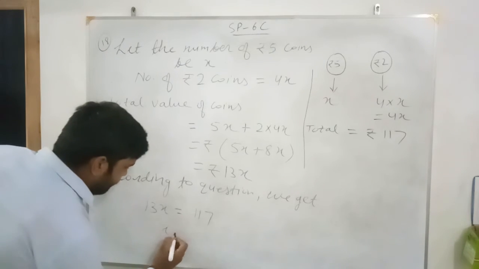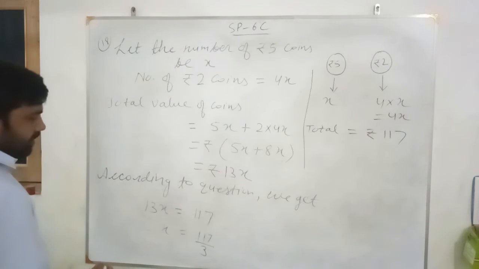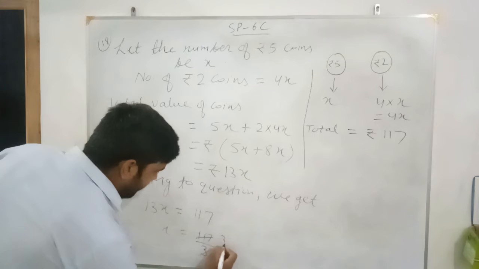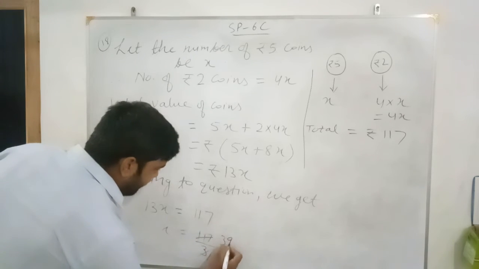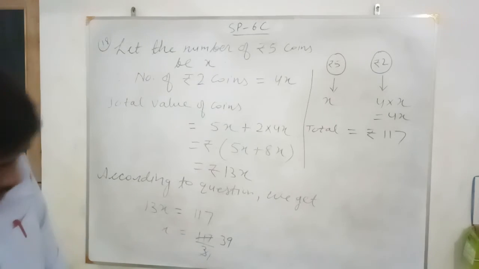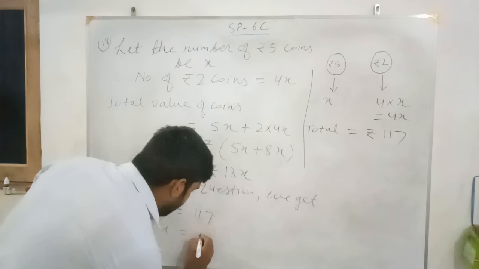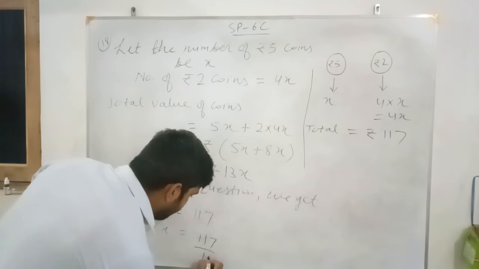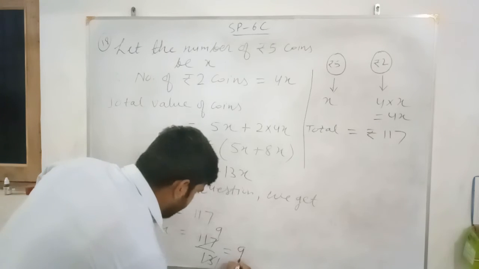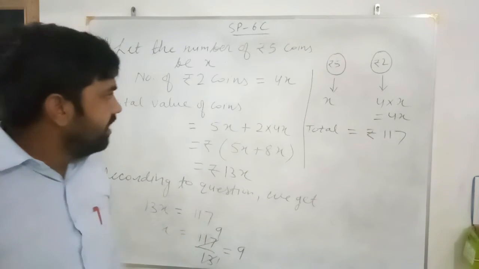Now x is equal to 117 divided by 13. 13 ones are 13, 13 nines are 117. So the number of 5 rupee coins is 9. The value of x we got is 9.